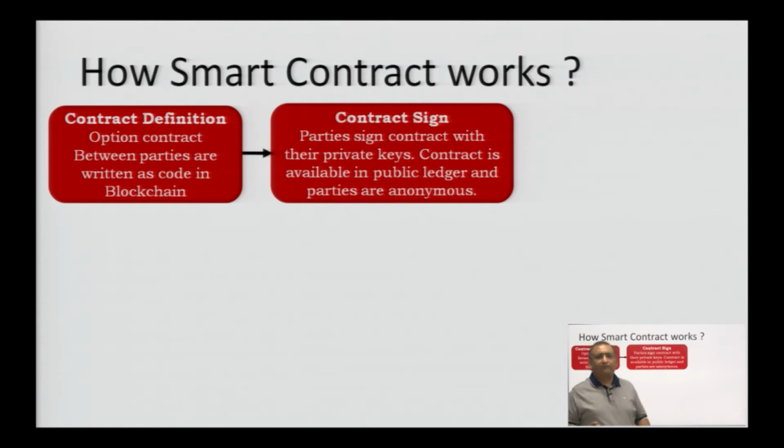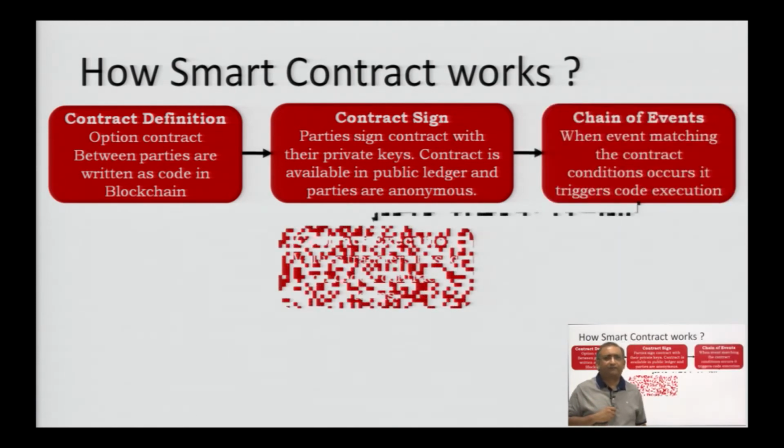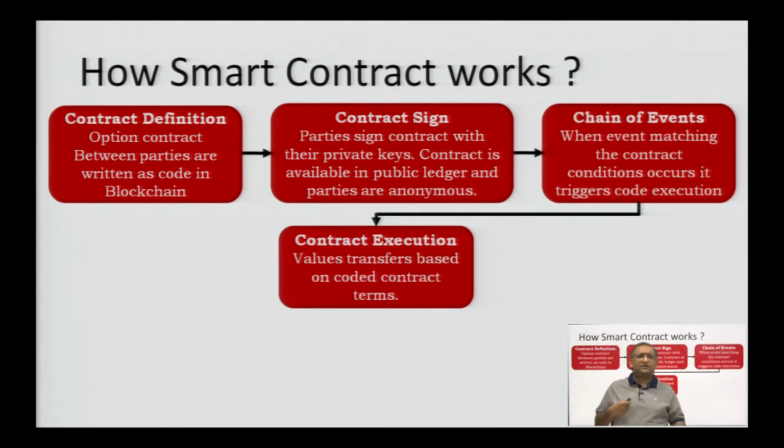So, you define the contract, write it as code, then you sign it using private keys, and nobody comes to know which two parties have signed it, because they are using their public keys as their anonymous IDs.